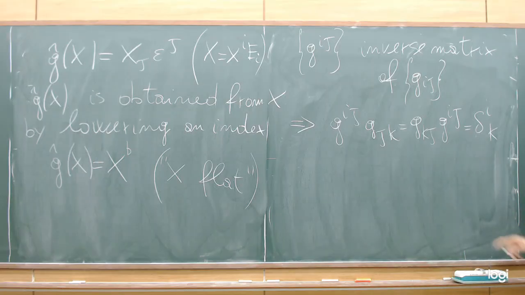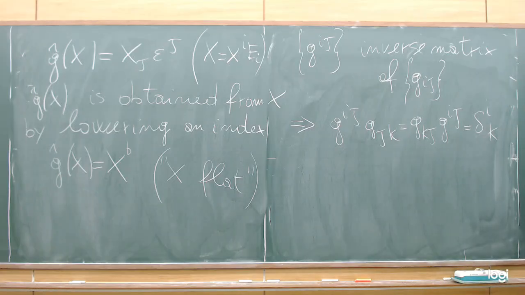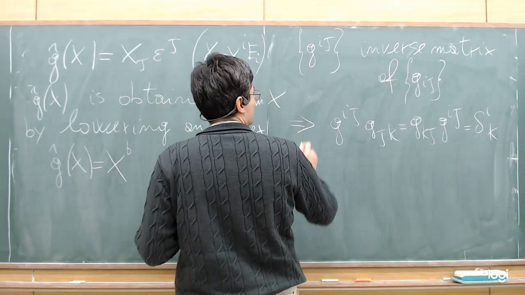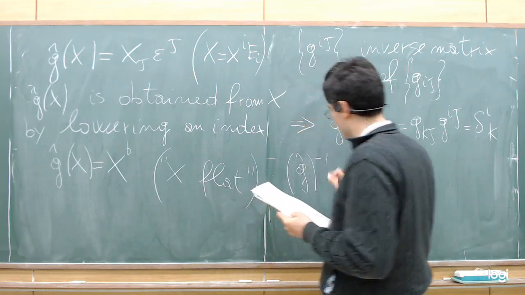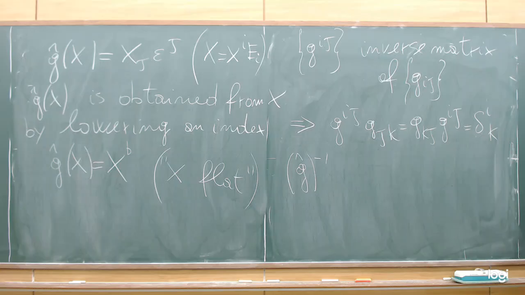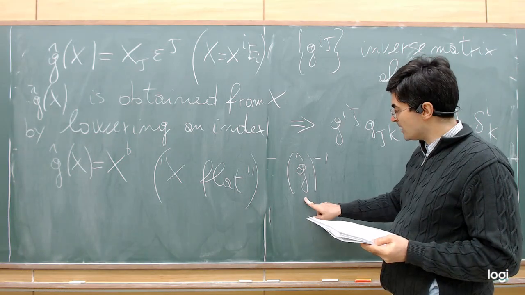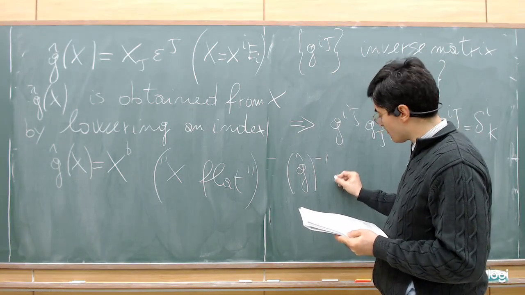So this means that this is the inverse of this, because if you multiply them this way you get the Kronecker delta. This says that there exists G hat inverse, and the matrix associated with this map is this.